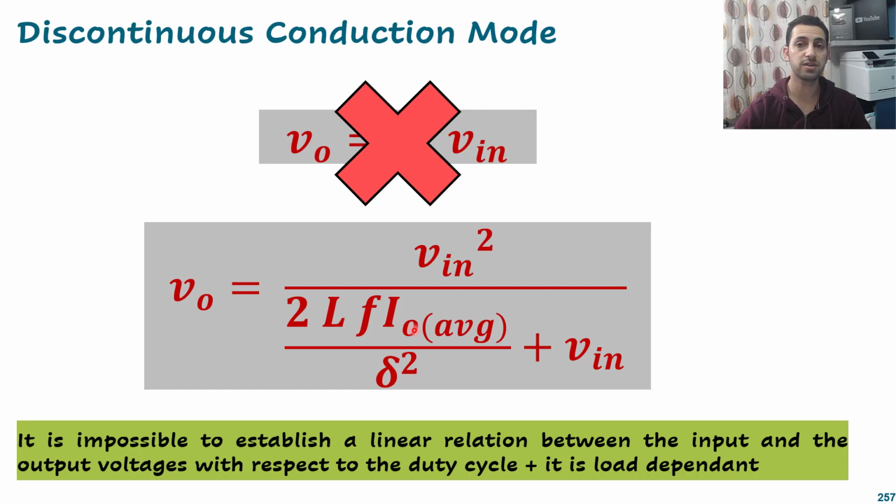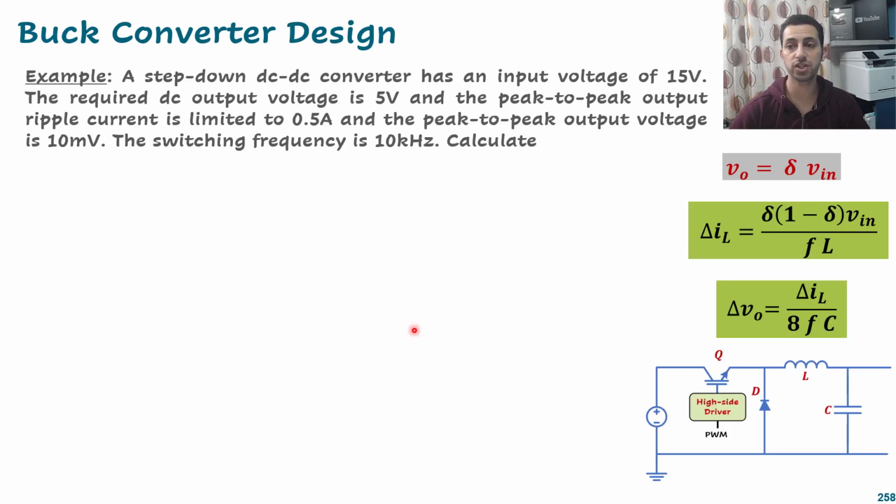So now let's consider an example for continuous conduction mode, where we have V output equals delta V input. We have this delta I, we have this variation of the output voltage, and we have this circuit, and we have the step down DC converter with an input voltage of 15, so V input will be 15. The required DC output voltage is 5, so 15 here and 5 there.